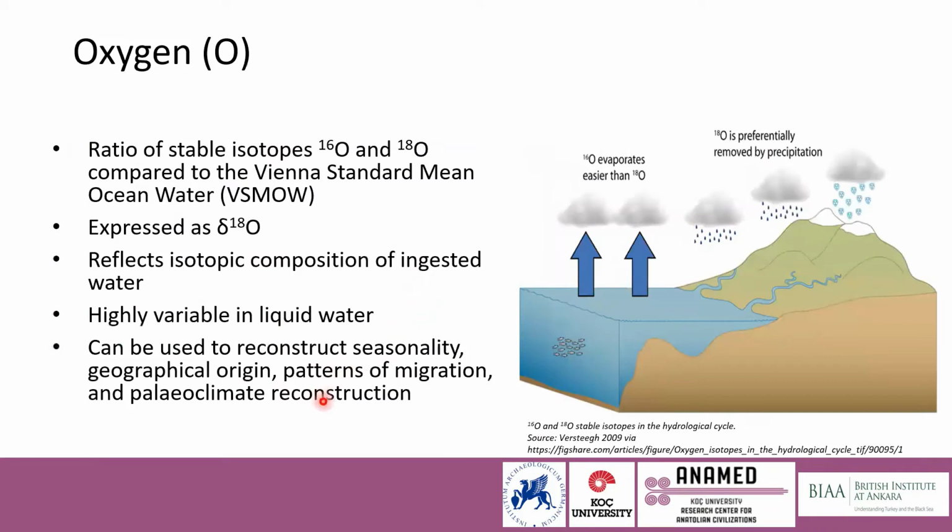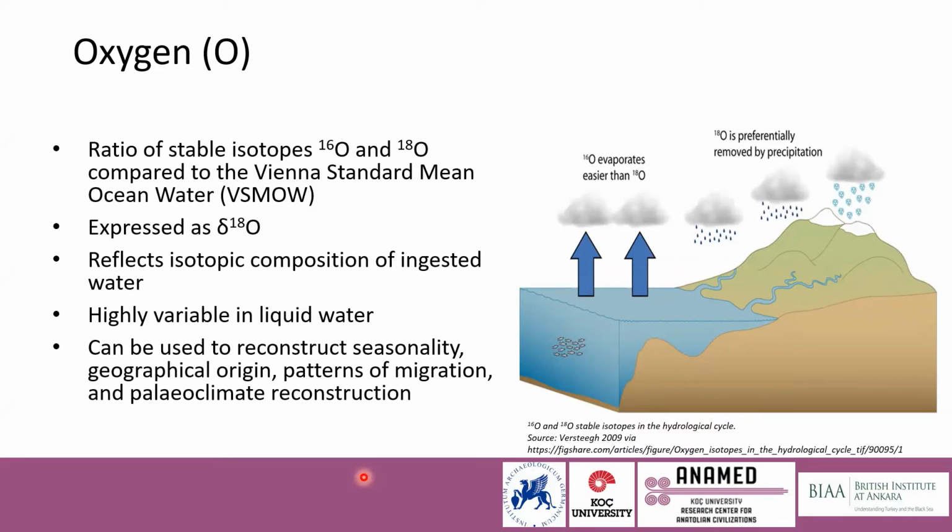So now we move on to oxygen, looking at the ratio of the stable isotopes oxygen 16 and oxygen 18, compared to the Vienna Standard Mean Ocean Water, VSMOW. Again, it is expressed in the delta notation as delta oxygen 18. We use oxygen because it reflects the isotopic composition of ingested water.